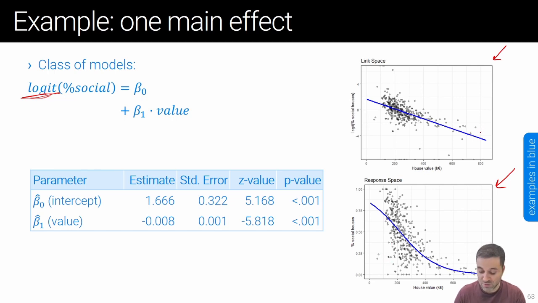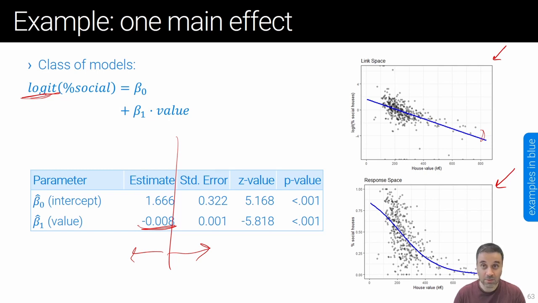So you see it's just transforming this blue regression line into something that looks like an S. In any case, again, we look into the coefficients. So in this case, we have a certain estimate for the intercept and a negative estimate for the value with corresponding standard errors, z-values, p-values, etc. So again, we have just the mathematical part of the linear model and the statistics part about the linear model.